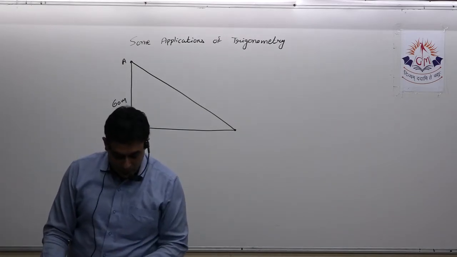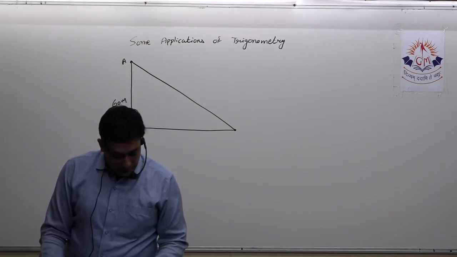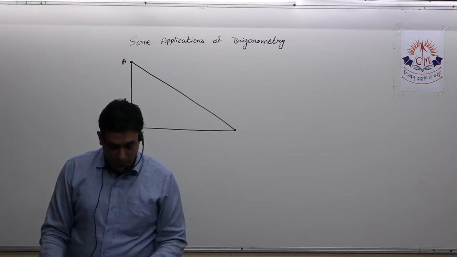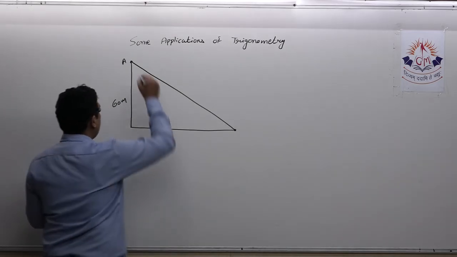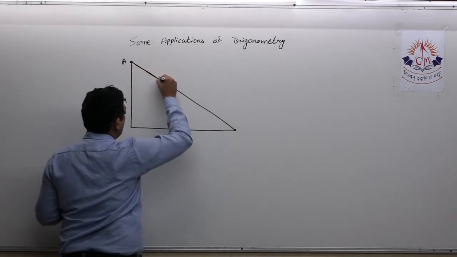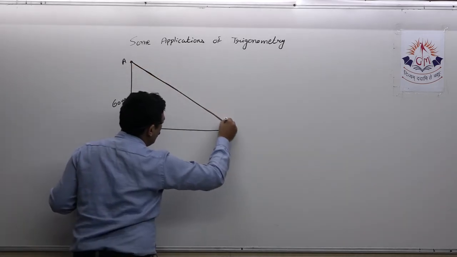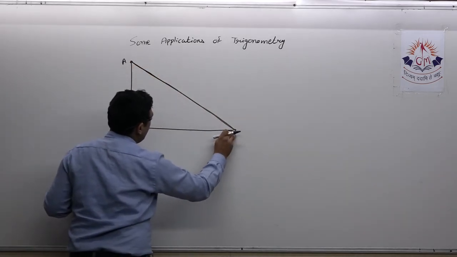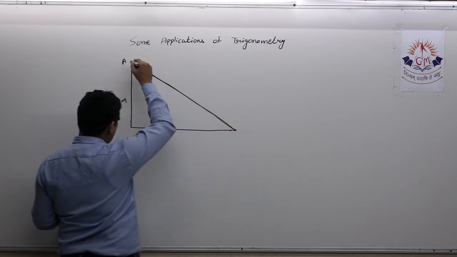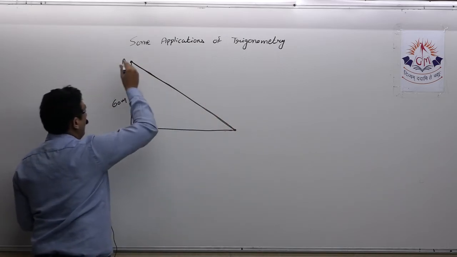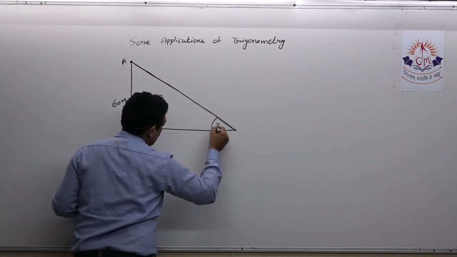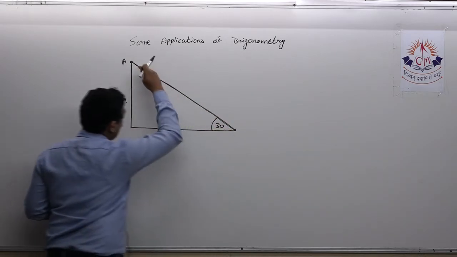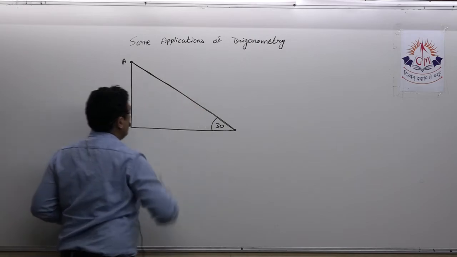Now let us read the question further. The string attached to the kite is temporarily tied to a point on the ground. The inclination of the string with the ground. Inclination means the angle between the string and the ground. If it were given the inclination of the string with this height, then I would take this angle. But here it is given that the angle between the ground and the string is 30 degree.